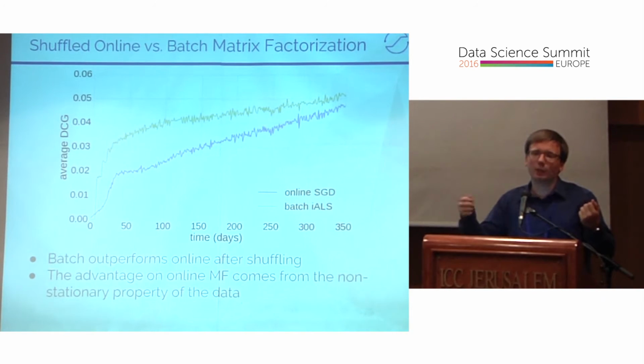What we have seen is that the performance of the online method dropped, and the performance of the batch method increased. This means that, yes, real-life data sets are temporal, they are non-stationary, and if your learning method, like an online SGD, can capture these temporal effects, then your recommender is going to be great. If not, then the performance is going to drop.